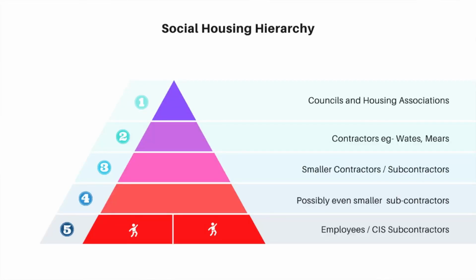Okay, so social housing hierarchy, you've got the councils and housing associations at the top, then you've got the big contractors such as Mears and Wates, and I feel like I've said it so many times, they might as well sponsor me. Then further down you have the contractors and smaller subcontractors.